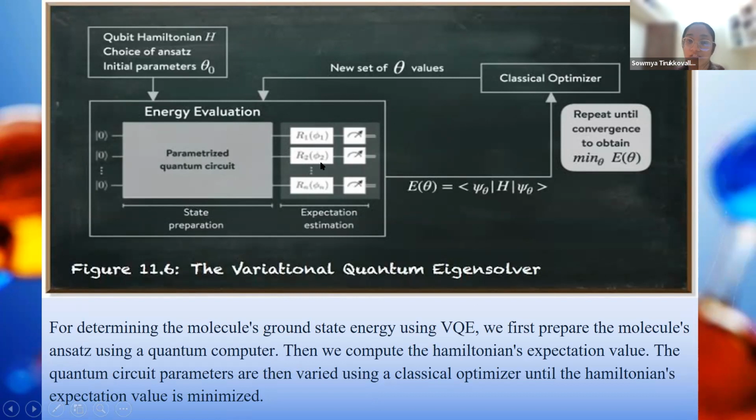After computing the expectation value, we feed it to the classical optimizer, where an optimization algorithm updates the parameters so that we can obtain the minimum eigenvalue. This process continues until the minimum expectation value is obtained. The parameters of the quantum circuit are updated by the classical optimizer until we obtain a minimum expectation value.